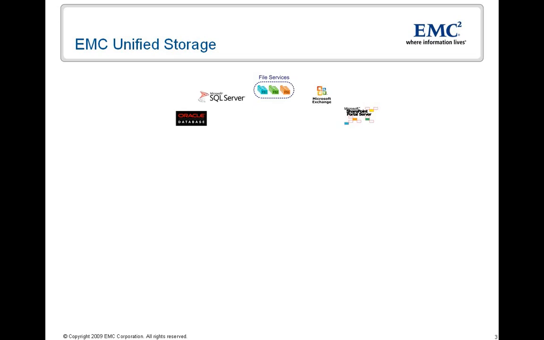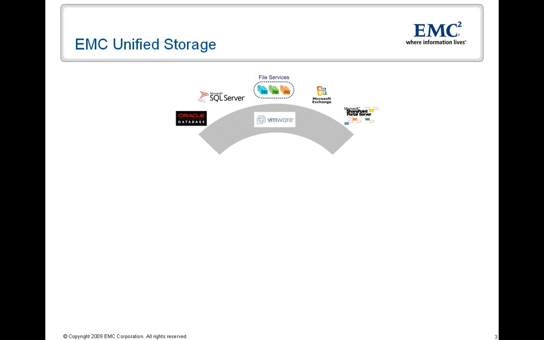Exchange is really starting to morph into more of a virtual first versus a physical. SharePoint, there are some other applications, but if you think about EMC's view on unified storage, we talk first at an application layer.